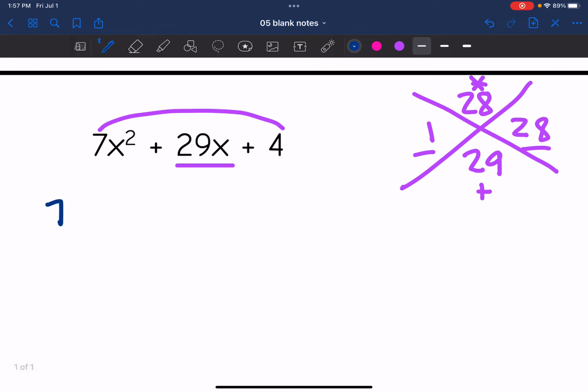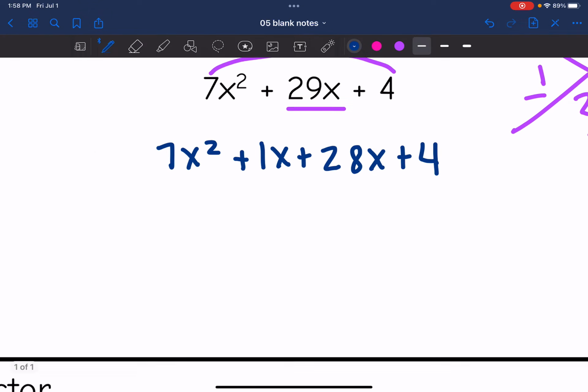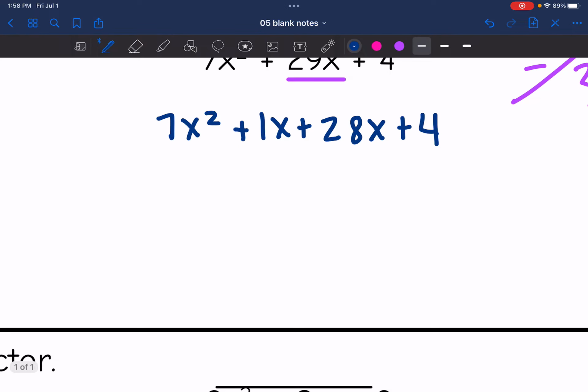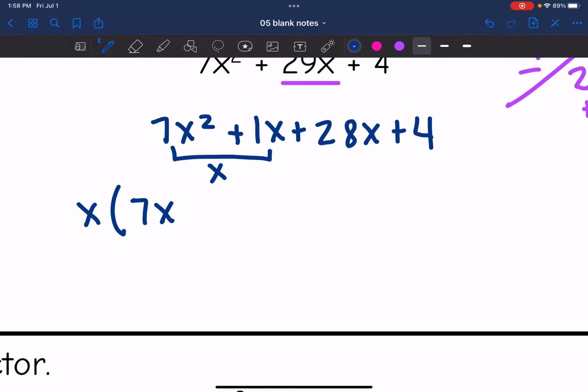So I'll get 7x squared plus 1x plus 28x plus 4. And now that I have four terms, I can factor this by grouping. So the GCF of this first group would be x, and 7x squared divided by x is 7x, and 1x divided by x is 1.